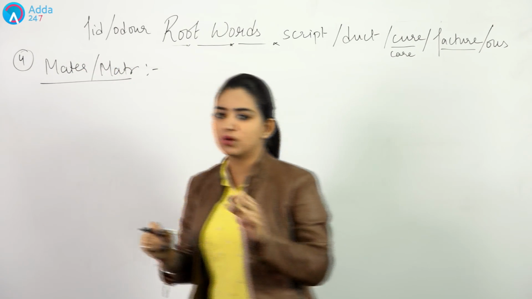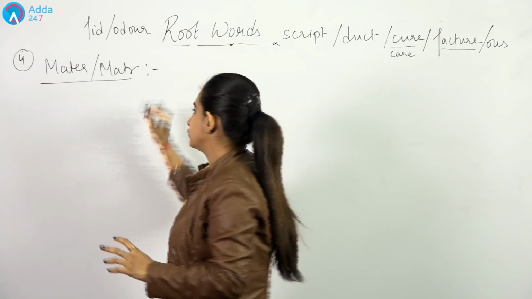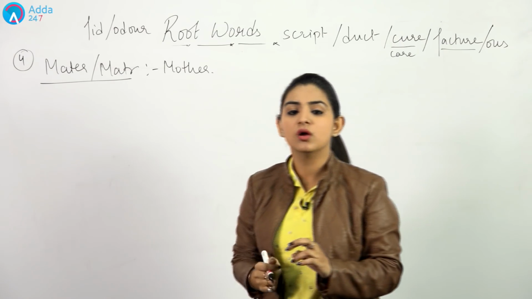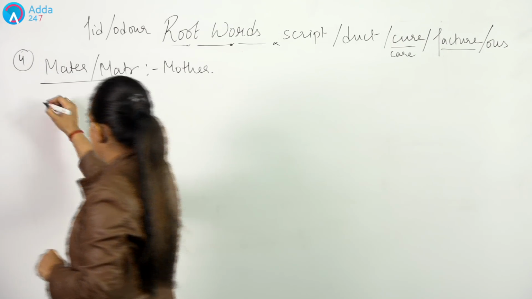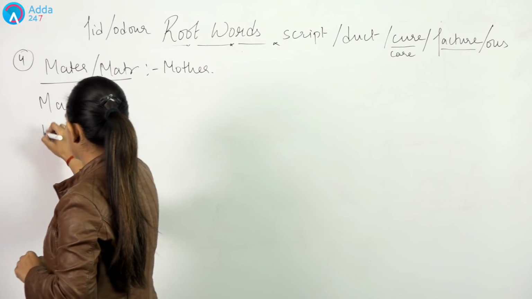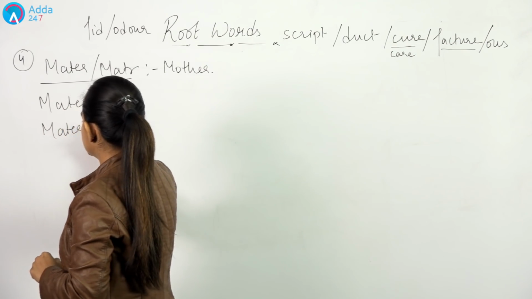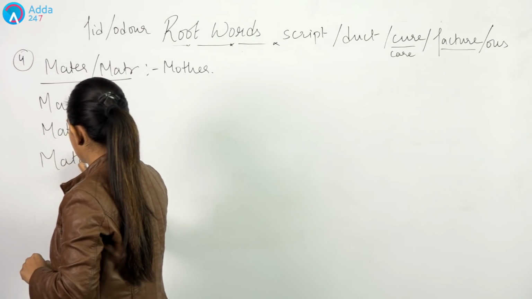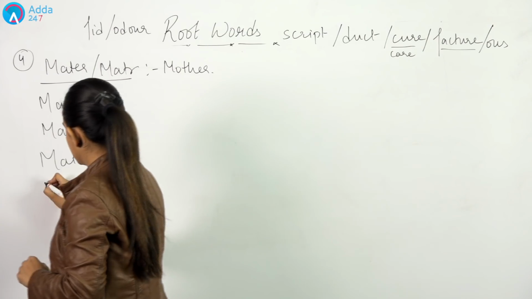Whenever we have this word, it is always related to your mother. It is always related to your mother, right? So, when we say maternal, what does this mean? When we say maternity, what does it mean? When we call it matriarch, what does this mean?